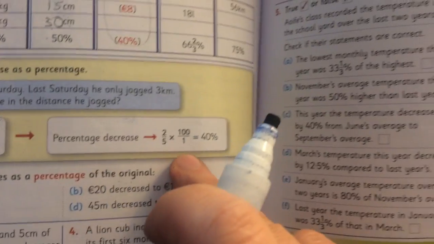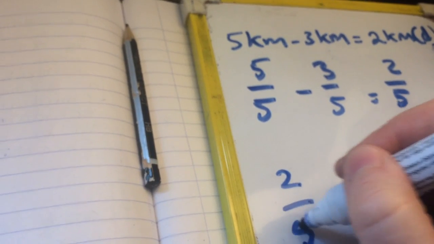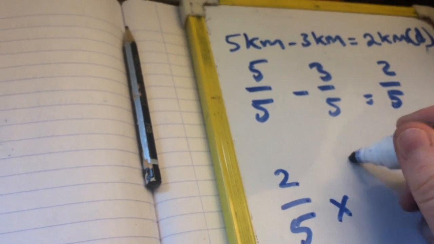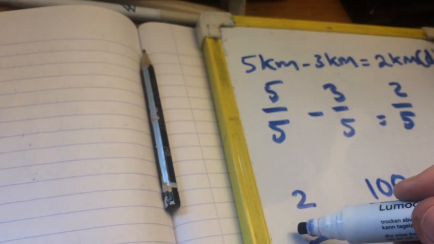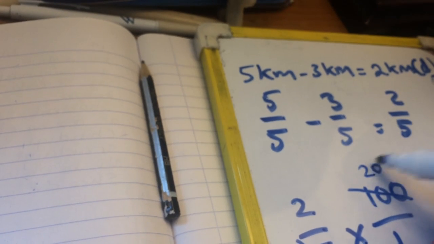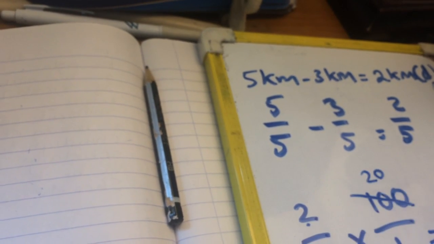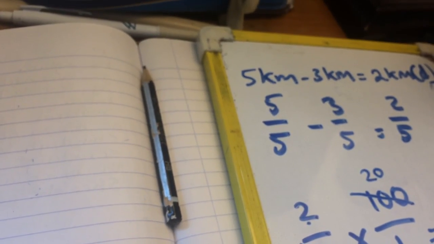How do I turn that into a percentage? You multiply the decrease by 100 over 1. 5 into 5 goes once, 5 into 100 goes 20 times. 2 multiplied by 20 is 40 over 1, which is 40%.